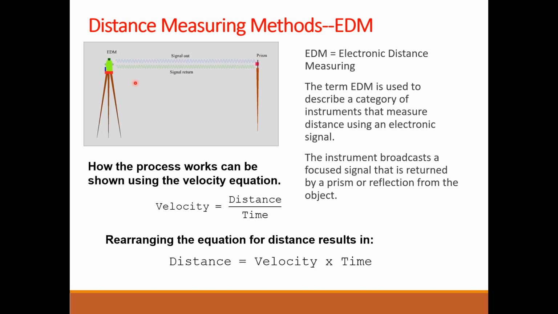So the total time taken from the emission of the infrared light beam striking and rebounding back is calculated by the instrument. The velocity of infrared light is already a built-in function in the EDM. So in that manner, depending upon that principle, this instrument will give you the value of distance.